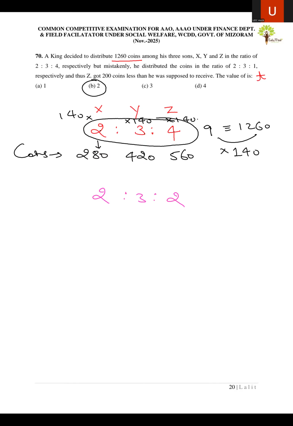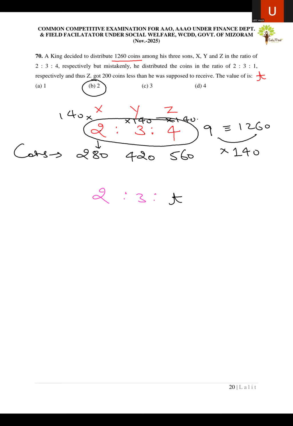All right. So sorry, this is not 2, this is T. And then they are saying that Z got 200 coins less than he was supposed to receive. All right. So Z is getting 200 coins less now. It means how many coins Z may be getting here.